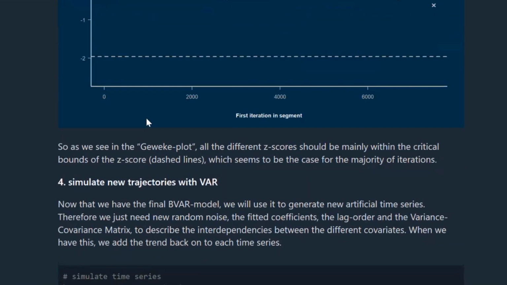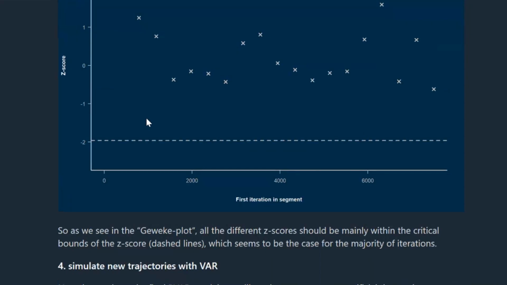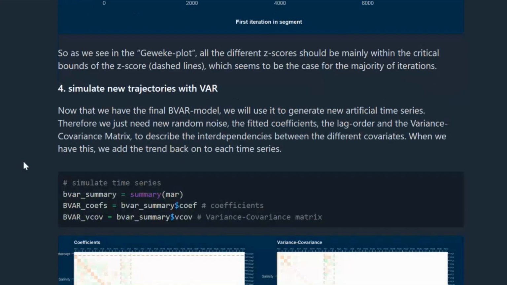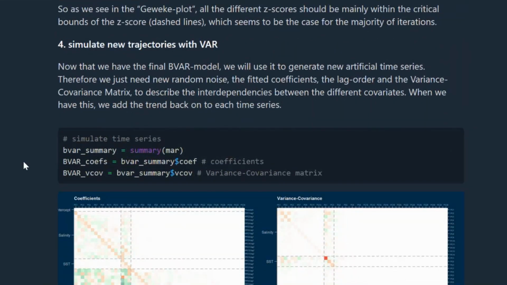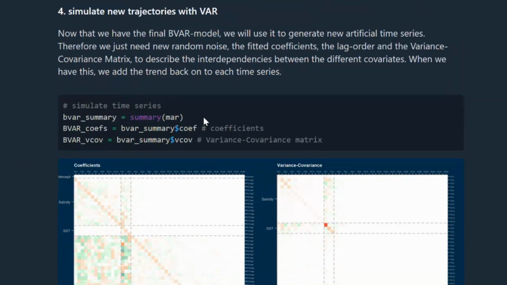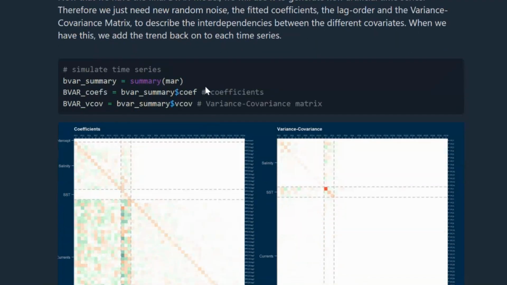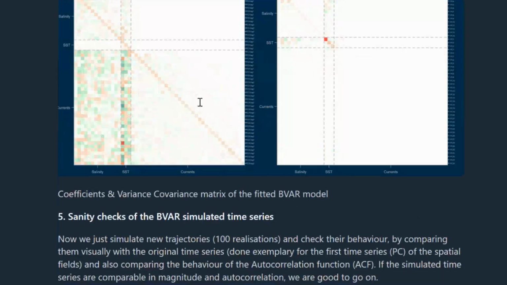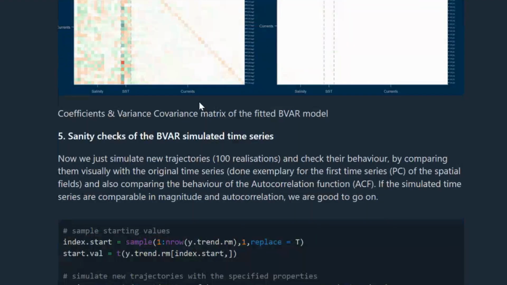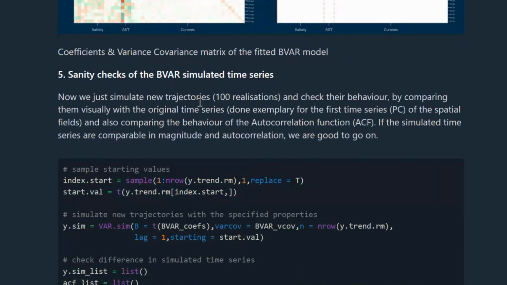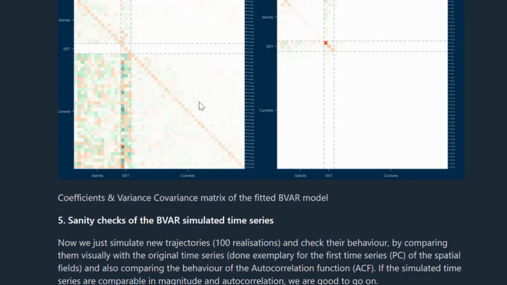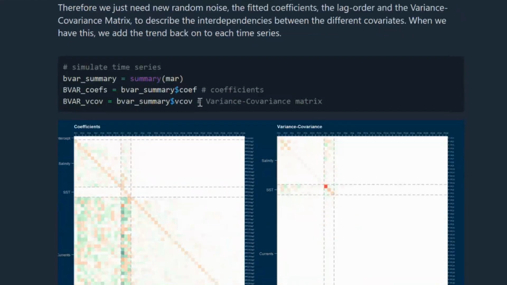And then when we have a BEAVA model, we can generate new trajectories. This is done in this way. So we get our coefficients out of the BEAVA procedure and the variance-covariance matrix. And then we can put it into a simulation function.